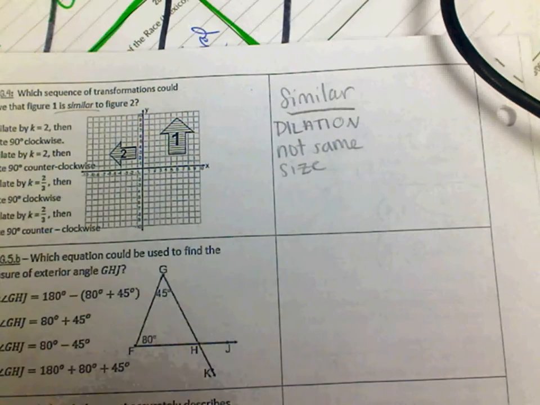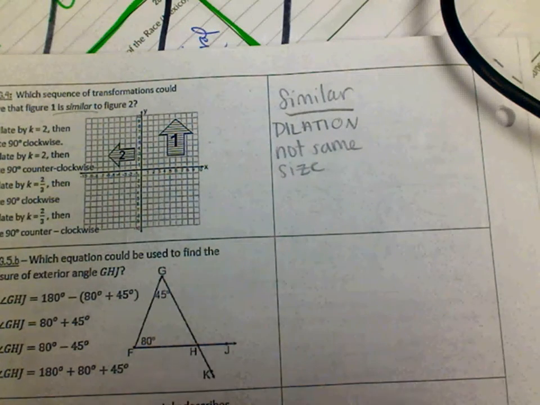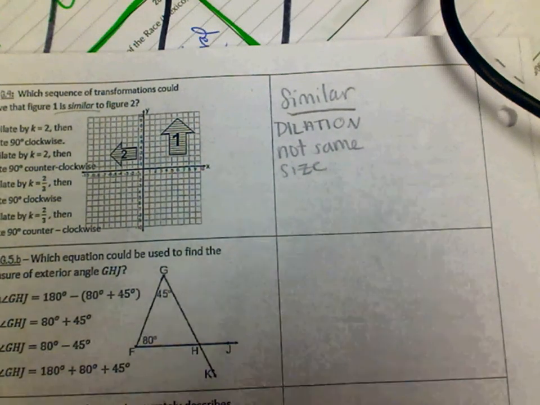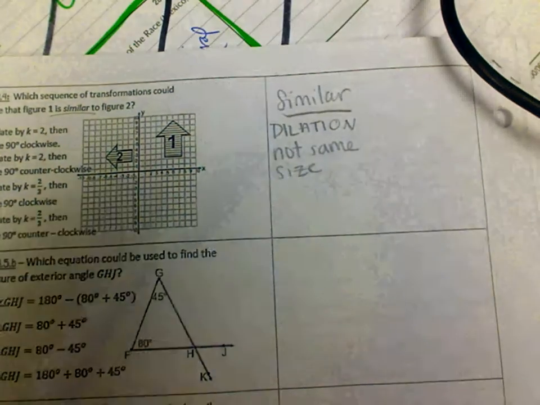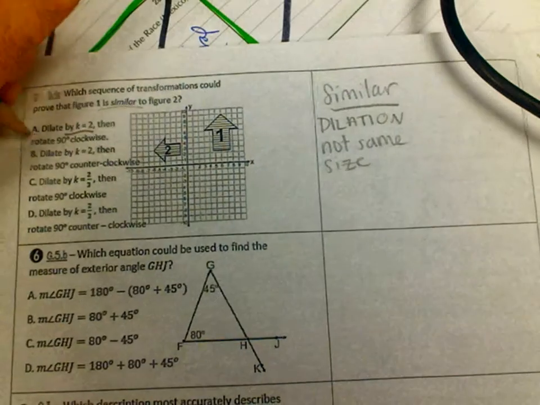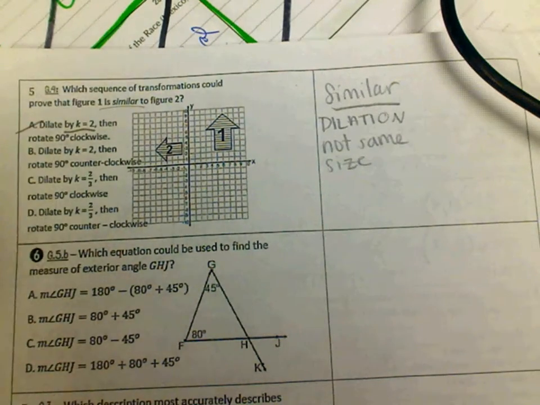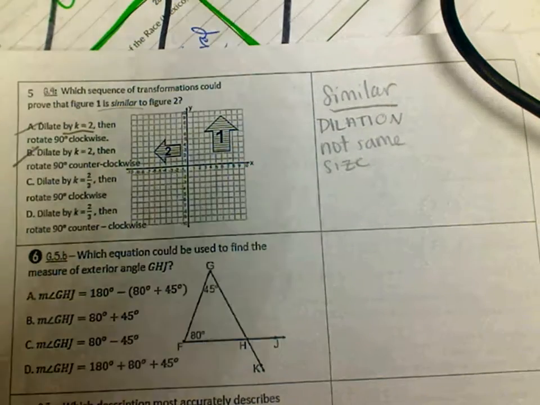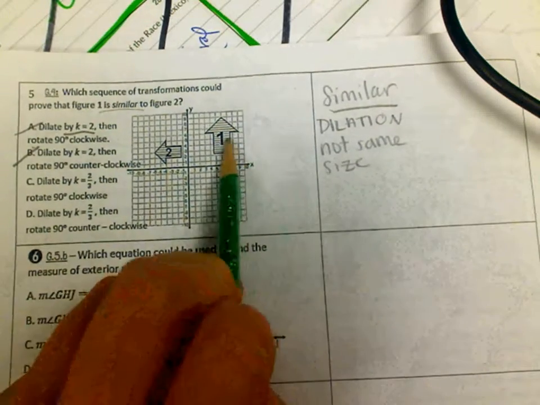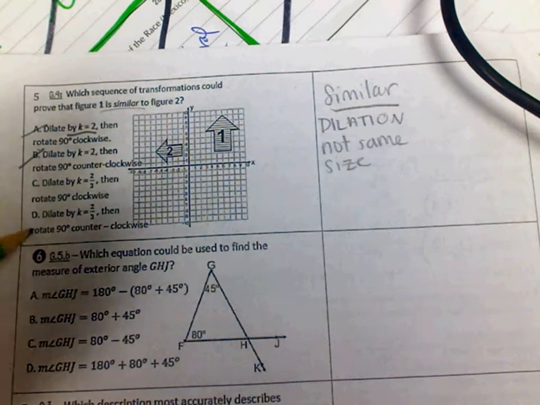Because when your scale factor is a number that's less than 1, that makes your dilation get smaller. It shrinks the figure. So that rules out A, because A says that K equals 2, and that's not right. Also B. B says K equals 2, and that's not right. That scale factor is too big, and this shape got smaller. Okay, so it's either C or D.